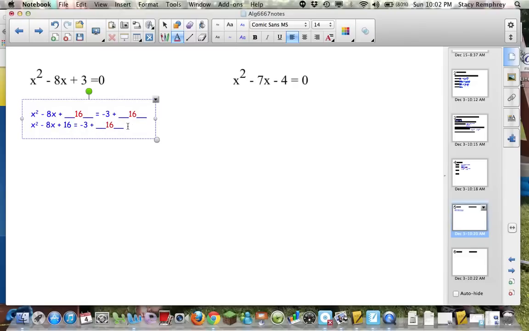So I get 16 here. This becomes 13. Okay, and now it is a trinomial square. I'm going to square root both sides. Now I get the absolute value. X minus 4 equals 3.61.